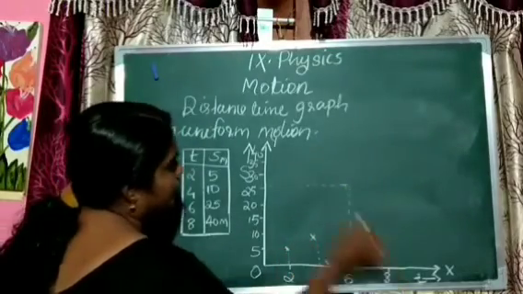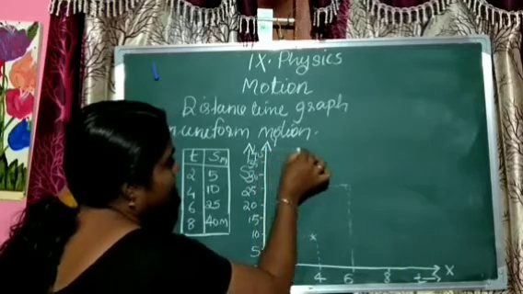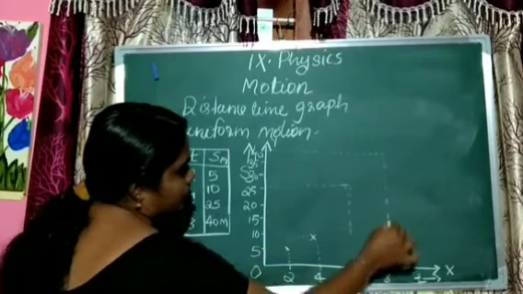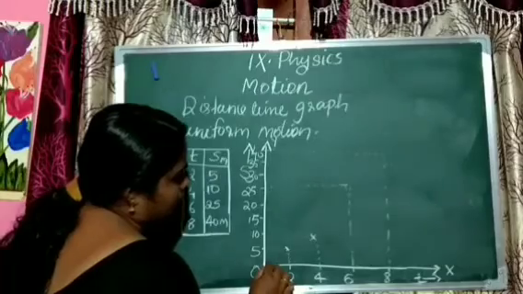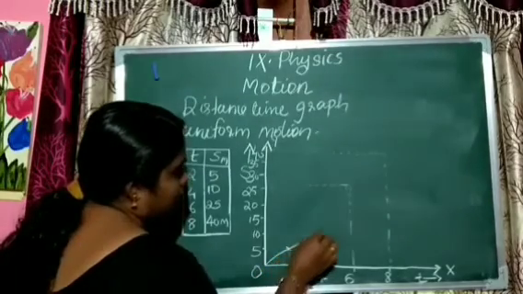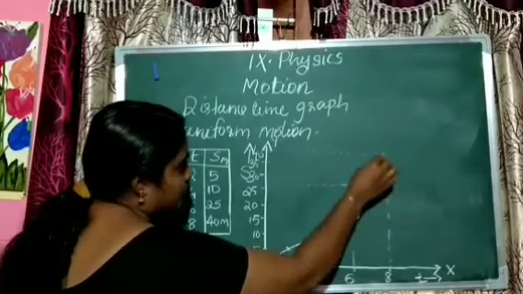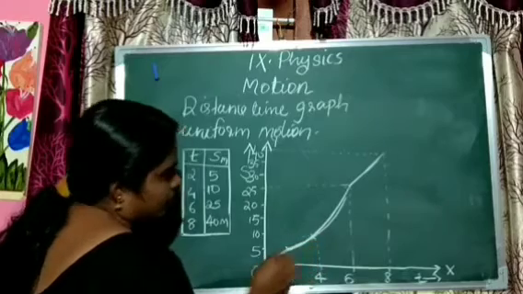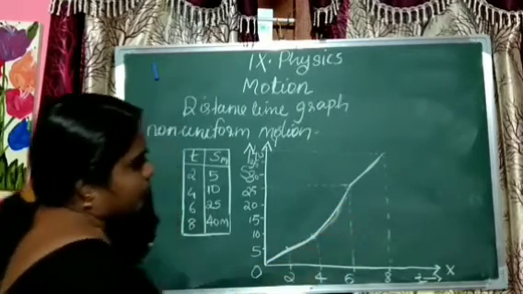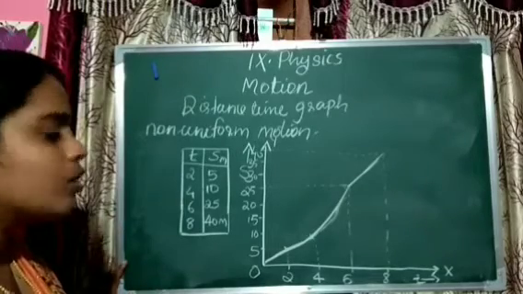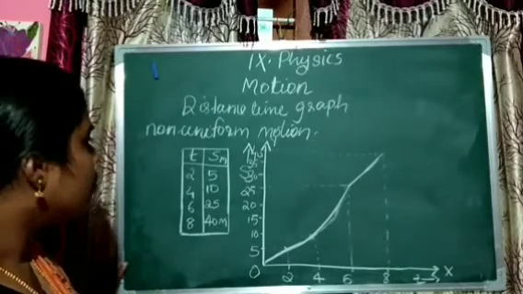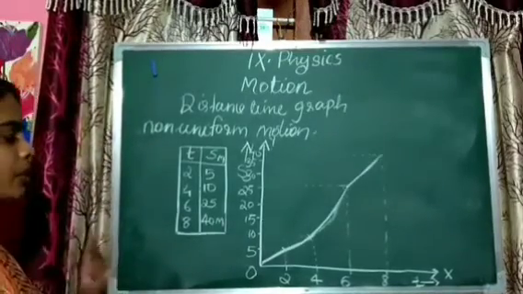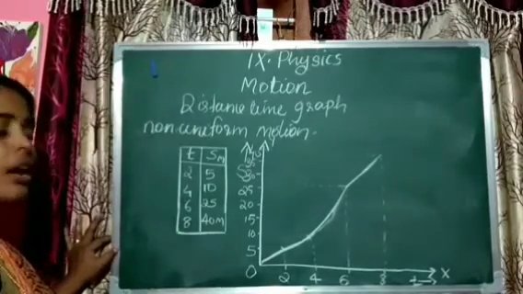Next, after 8 seconds, it travels a distance of 40 meters. So we can plot the graph like this. You can see here the graph is a curved line. So for uniform motion, the graph is a straight line. But in the case of non-uniform motion, the graph is a curved line.